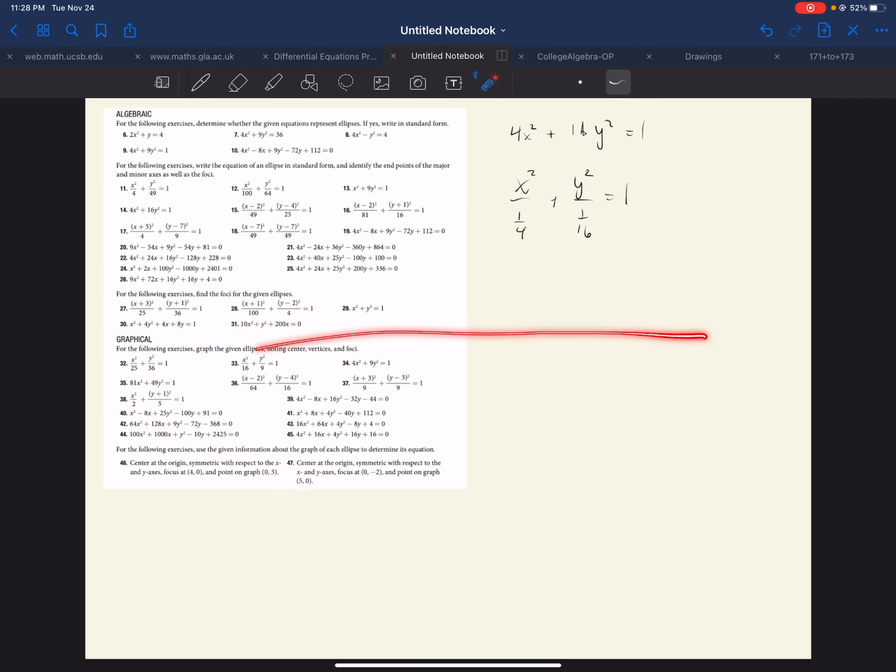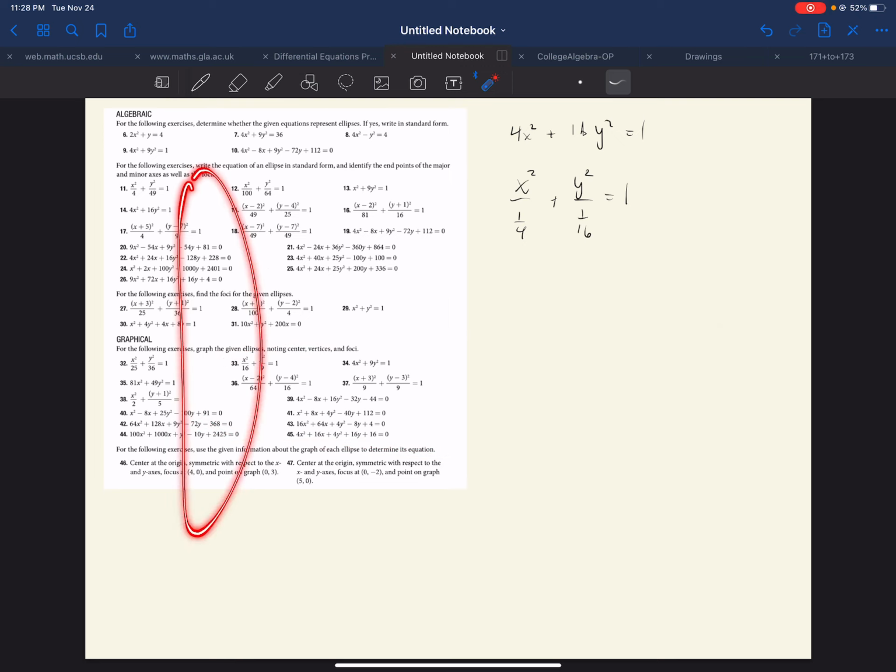It's going to be stretched in the x direction and not in the y direction. So it won't be that one. And I can see that just because that number is bigger. Then it says, put it in standard form. So right here, we are now in standard form. So I've done part one of that.